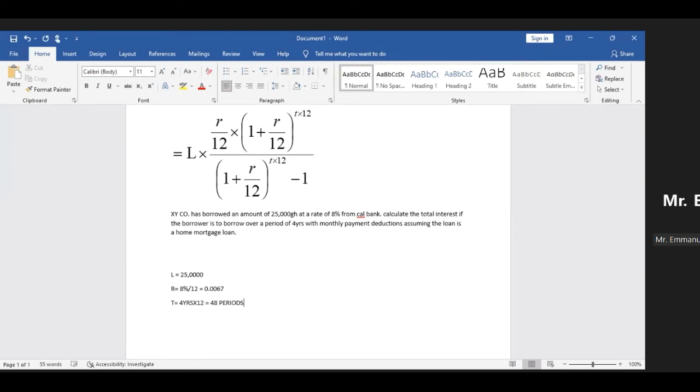Now we need to input these figures into the formula. So please do it and let me see. The loan amount is 25,000. The rate is 0.08 divided by 12.